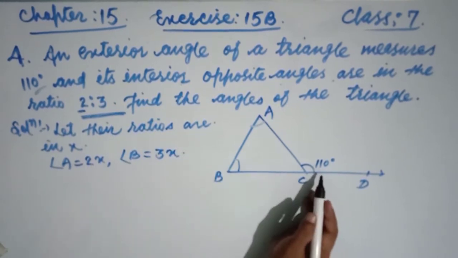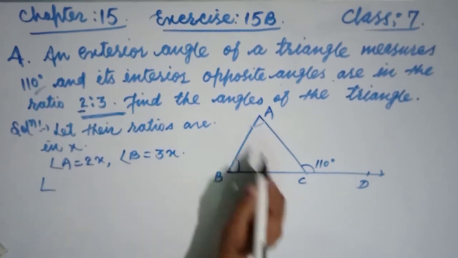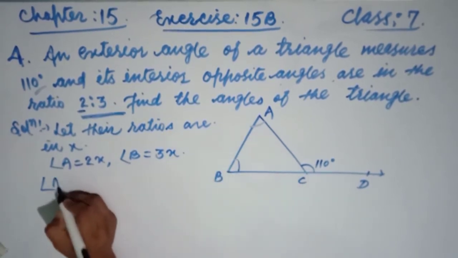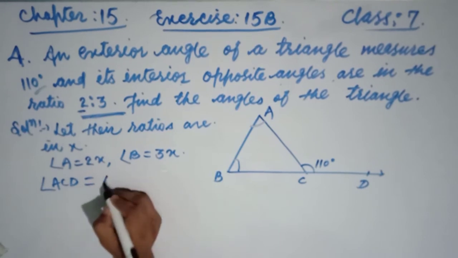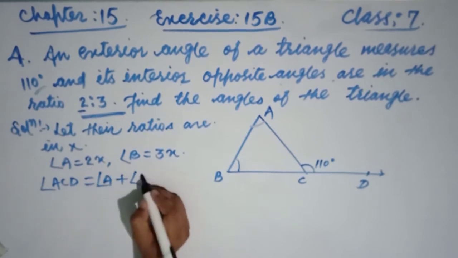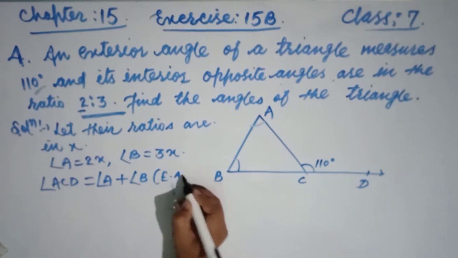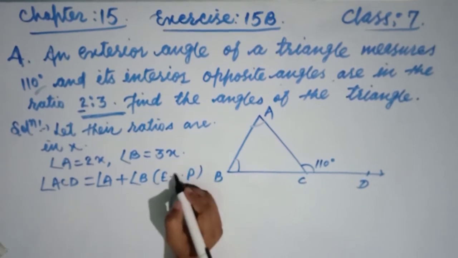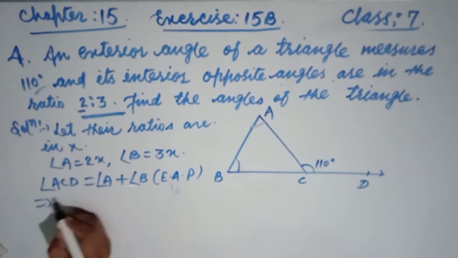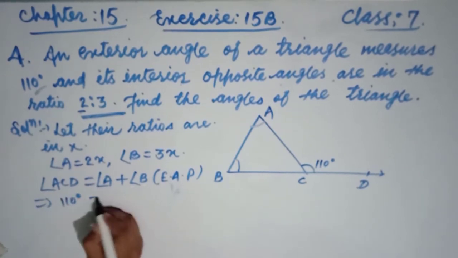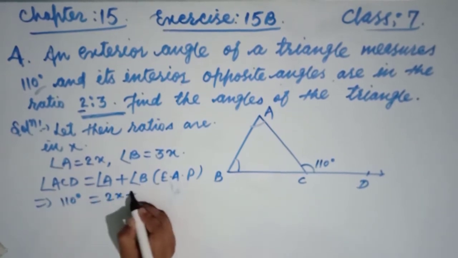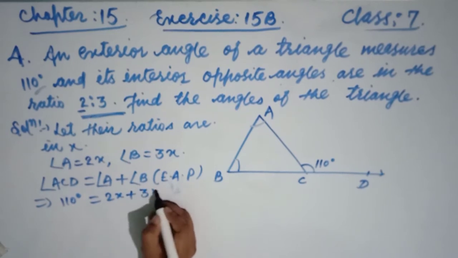Now friends, here angle ACD is equal to angle A plus angle B. Reason, exterior angle property. Now see friends, angle ACD is given as 110 degrees, angle A is 2x, angle B is 3x.